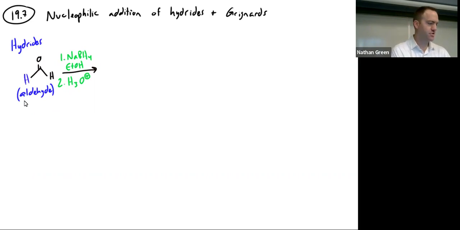Formaldehyde would be if I had a hydrogen over here. This is like an acetyl group, right? Acetaldehyde. It's that one that looks like it should be pronounced actaldehyde, but it's not acting out anything. It's acetaldehyde. Acetaldehyde reacts with sodium borohydride to make what product?